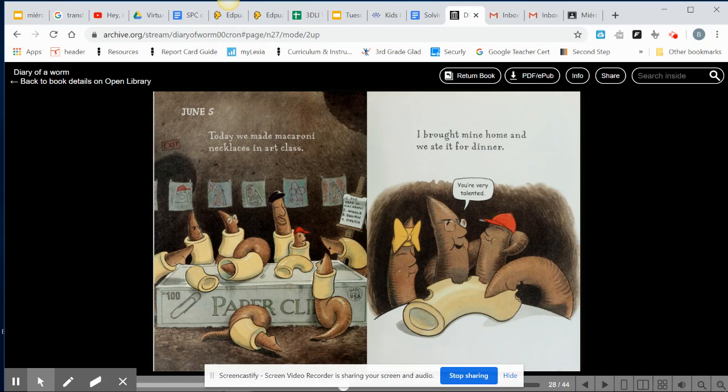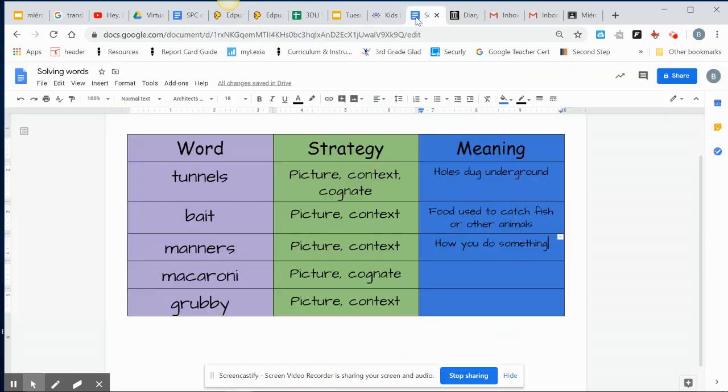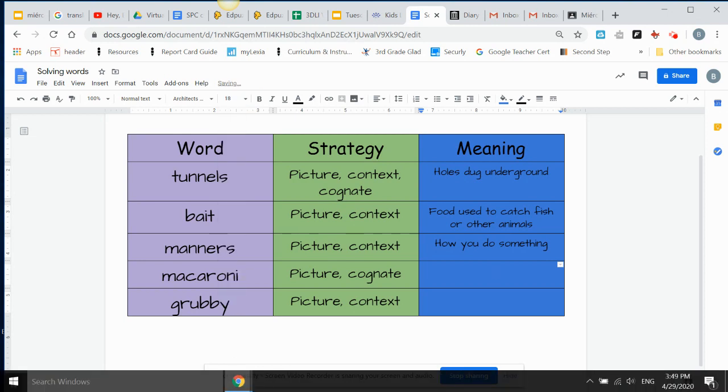Okay, so using the picture, using what you know, what you're seeing here, what does macaroni mean? What is macaroni? All right, so when I think of macaroni, I think of macaroni and cheese, and I know that macaroni is a small tube of pasta.